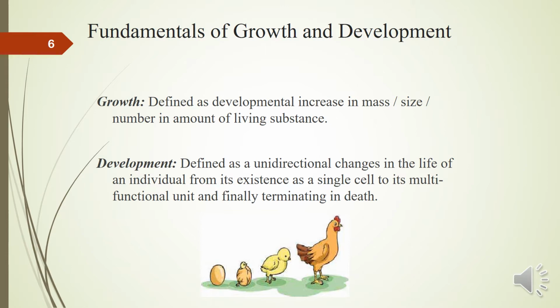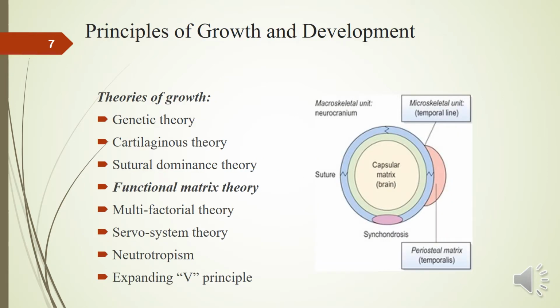So you can have a child who can develop his IQ, but in a single direction. So if you understand the difference between growth and development, it will be easier for us to discuss the topic further. So let's dive in and look at some principles of growth and development.